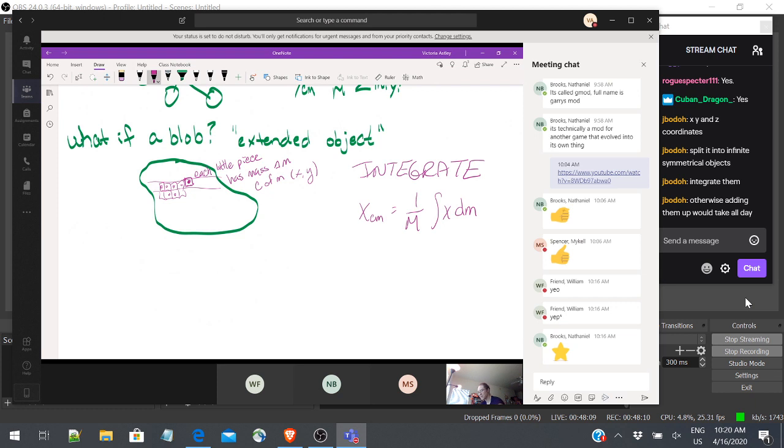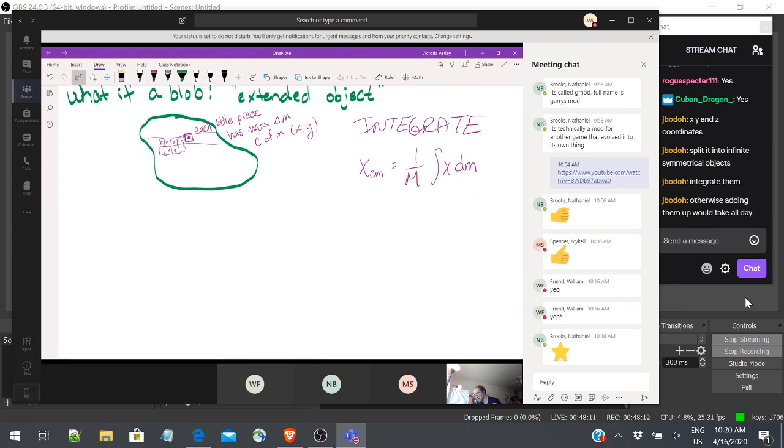In order to do this, you have to change dm into dx, which we usually do by using the density of the material.